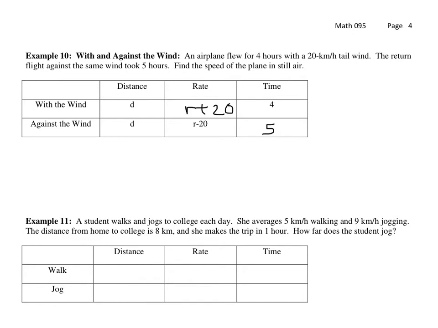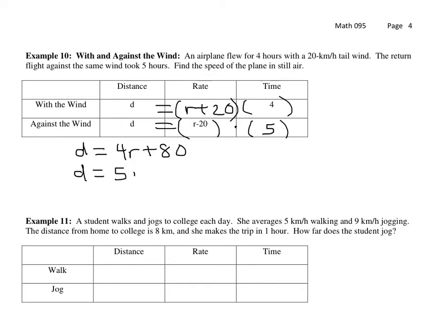And we have 2 lines, 2 equations. Distance equals rate times time. Distance equals rate times time. Let's multiply through, get rid of those parentheses. D equals 4r plus 80 from our first row. From our second row, we get distance equals, multiplying through, 5r minus 100.